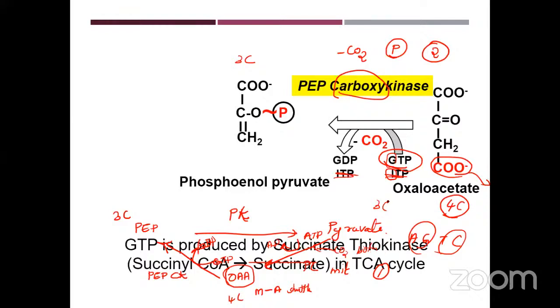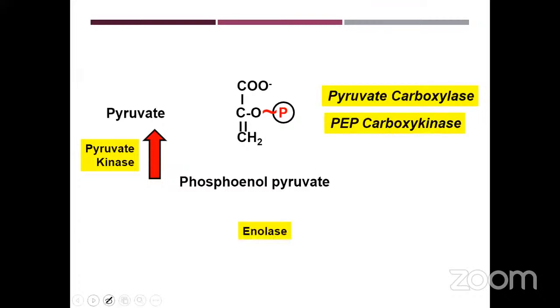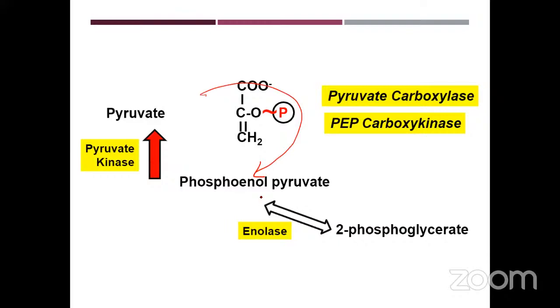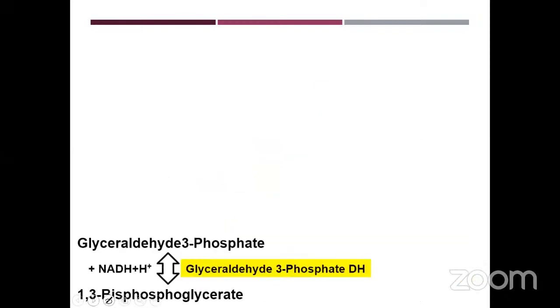That GTP is used here in the phosphoenol pyruvate carboxykinase reaction. So the pyruvate carboxylase reaction and the phosphoenol pyruvate carboxykinase reaction, by these two reactions phosphoenol pyruvate is formed, and you know that the other reactions are reversible. So simply the reversal of the reaction will happen.